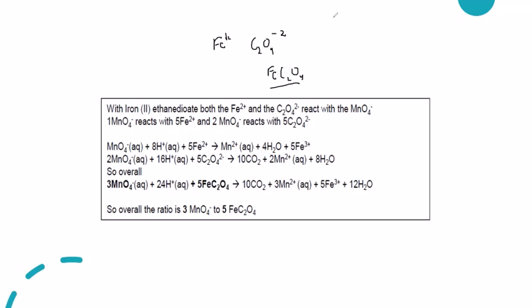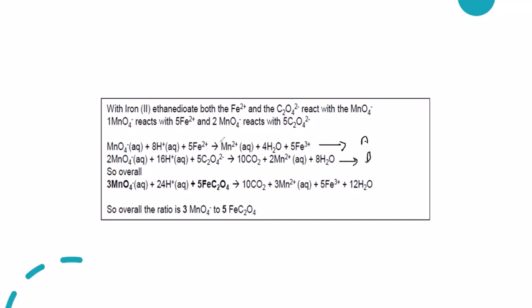So if you want the equation, when manganate ion is reacting with iron 2 ion, the ratio is 1:5. When manganate ion is reacting with ethane dioate ion, the ratio is 2:5. But we need an overall equation. So how to get the overall equation? The number of electrons in the one should be equal here, because this is one overall equation A and this one is another overall equation.